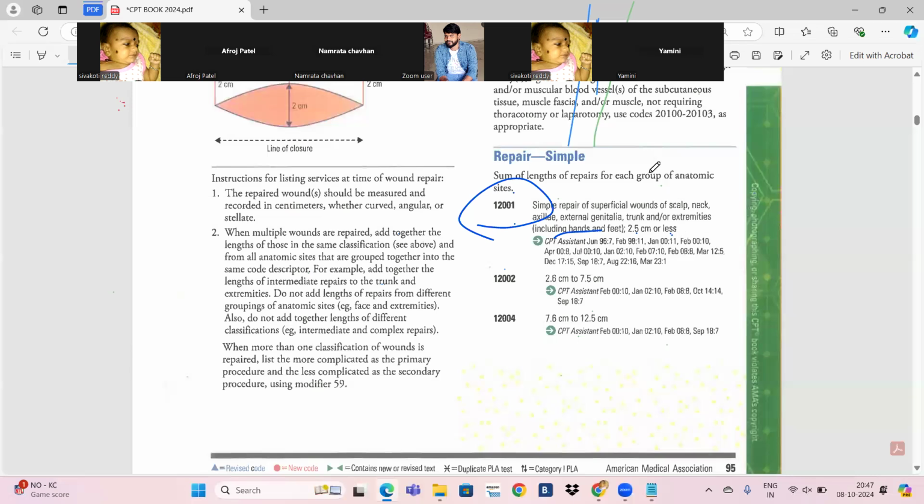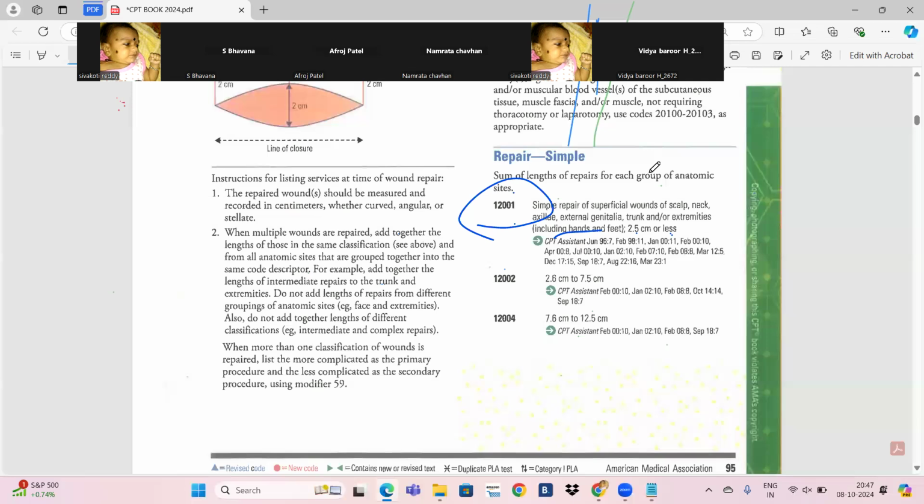So, if they did repair on the scalp 2 centimeter and neck 2 centimeter, then how will we code? Should we code 12001 two times?